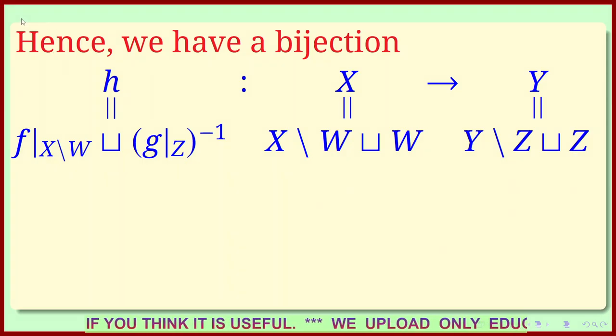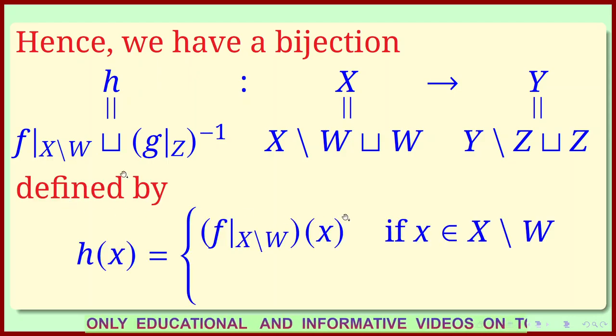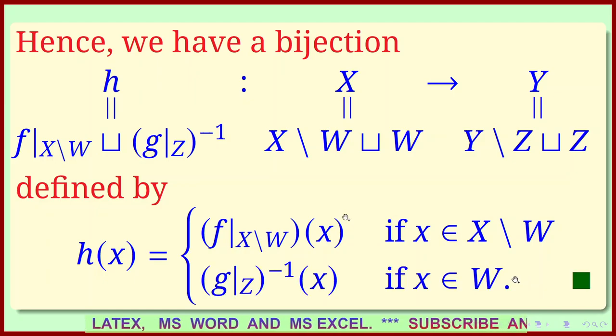So we have a bijection from the whole of x to the whole of y, and if you want to see its actual definition, it is defined by this: h(x) equals the image of x under f, more precisely under the restriction function, if x belongs to the complement of w. And if x belongs to w, then it is the image of x under the inverse map, g restricted to z, inverse.